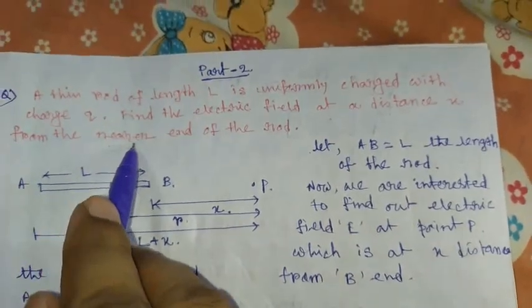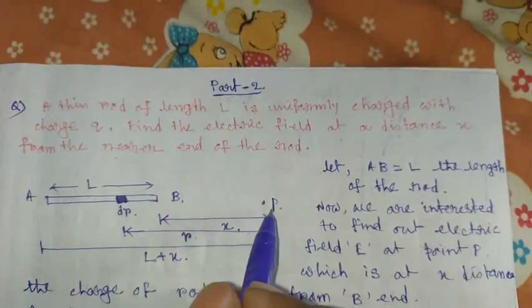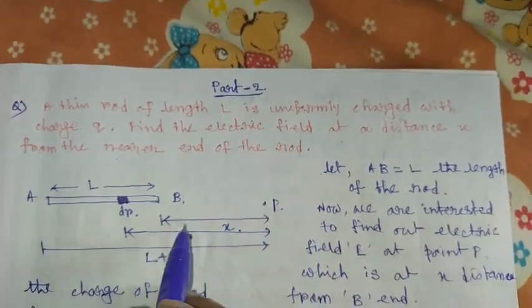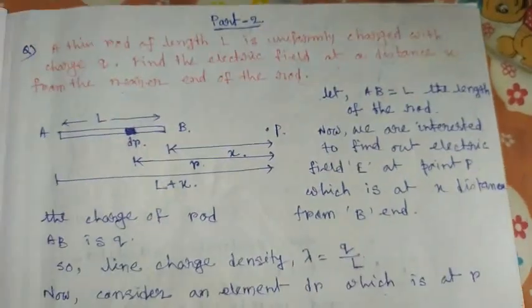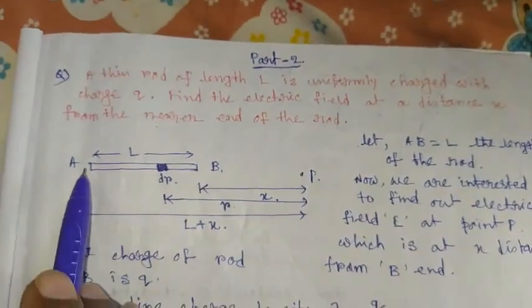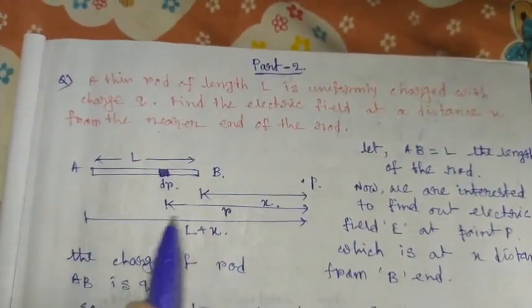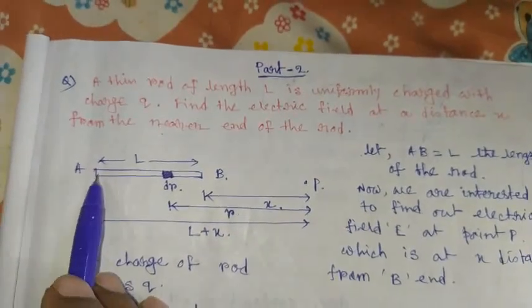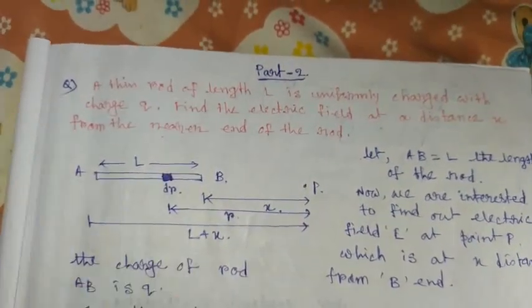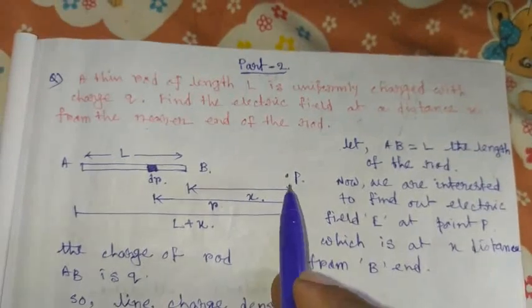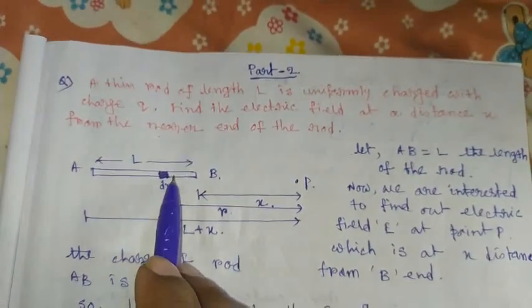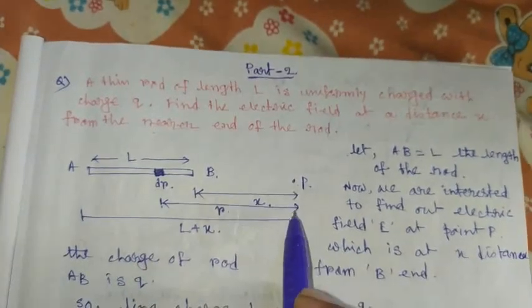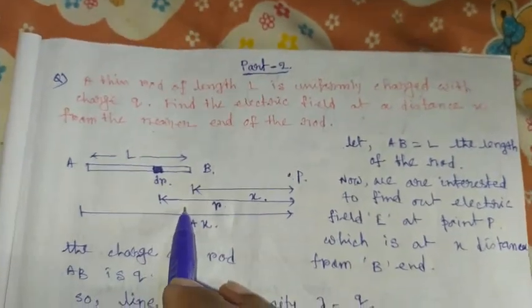So B is near to that point, so the distance from B to P is x. So the distance between A and P is L plus x, because the length of the rod is L. Now we take a dr element of that rod at distance r from point P.